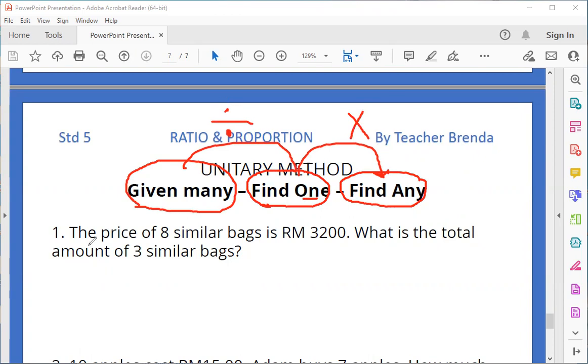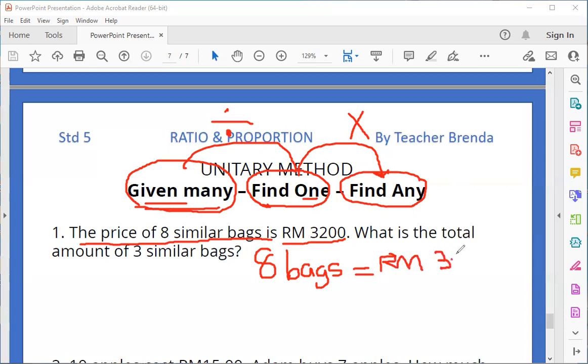Now let's look at the question. The price of 8 similar bags. So that is many. Can you see? So what will I write? 8 bags is equivalent to 3,200.